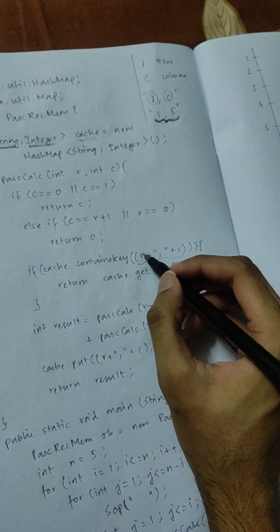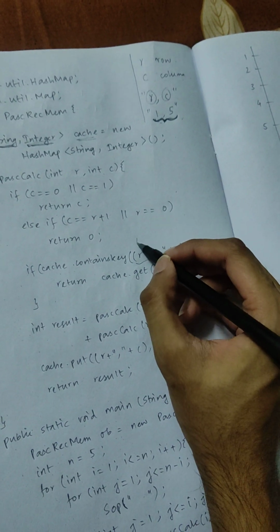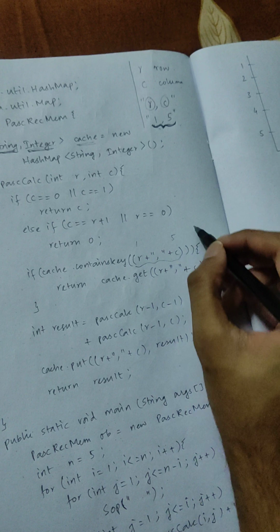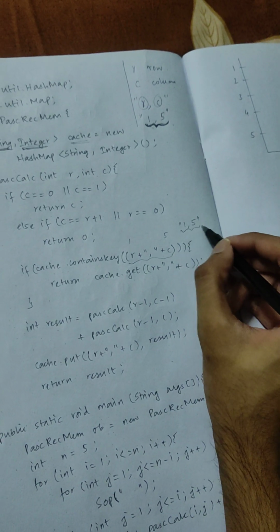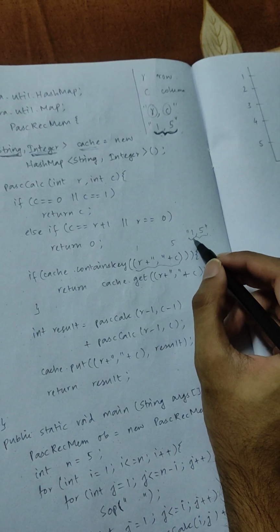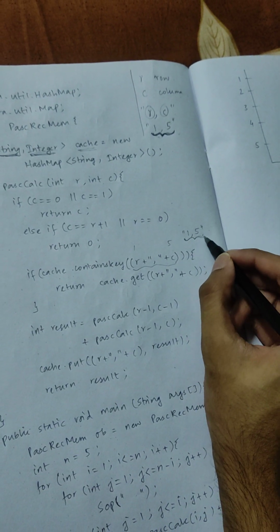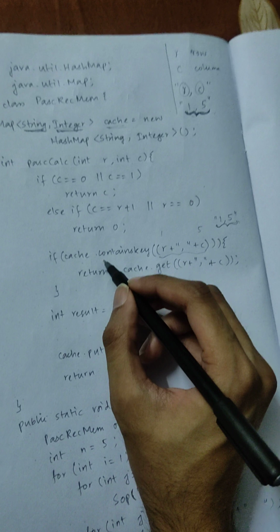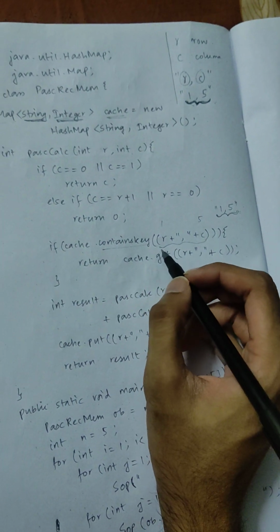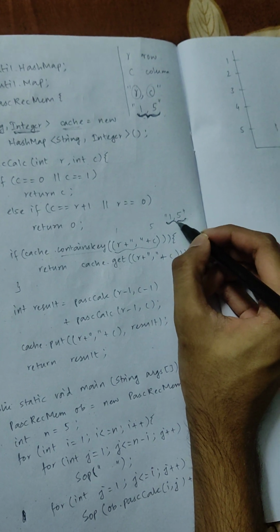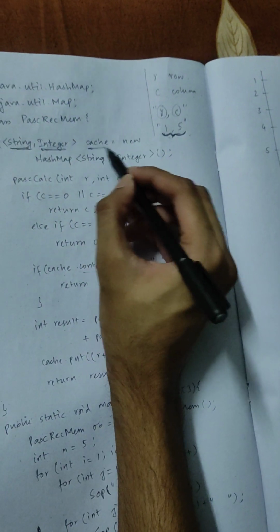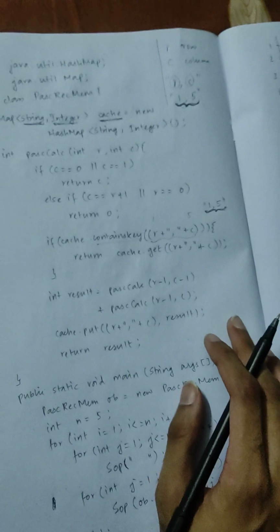So r is 1 and c is 5, so the string formed will be 1 comma 5. This will be my key and I will find the value of this key. So the containsKey function will find whether there is a value corresponding to this key in the cache map.